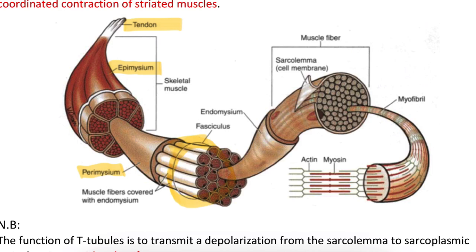Going inside the perimysium, you can see the endomysium. The endomysium surrounds each individual muscle fiber, or muscle cell, within the fascicles, and it contains some capillaries and nerve fibers. So this is the basic gross anatomy of skeletal muscle.